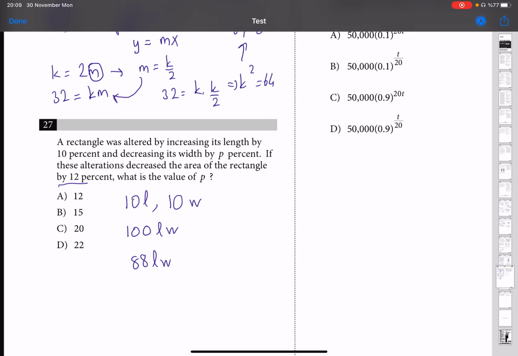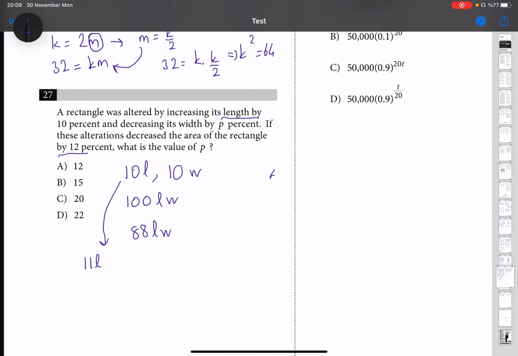So also I know that its length has increased by 10%. So the new value of length is 11L. So let's find the altered version of width. I multiply something with 11L and I get 88 LW.